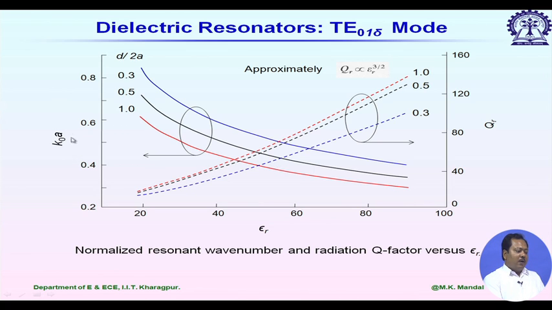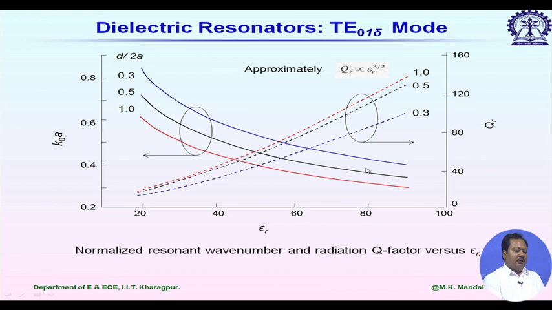We are plotting k naught a, the normalized wave number, versus epsilon r. We are considering epsilon r from 20 to 90, and you see when we increase epsilon r, this normalized wave number decreases, and it also varies with d by twice a, as we expected from the previous graph.